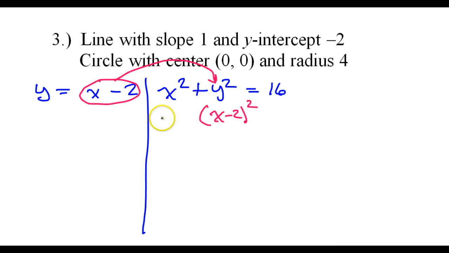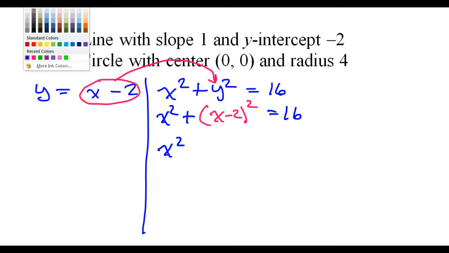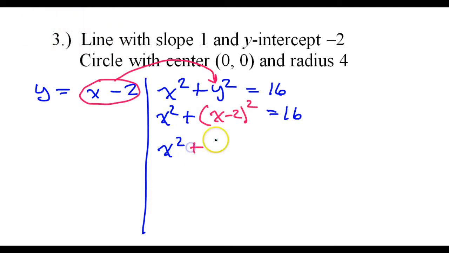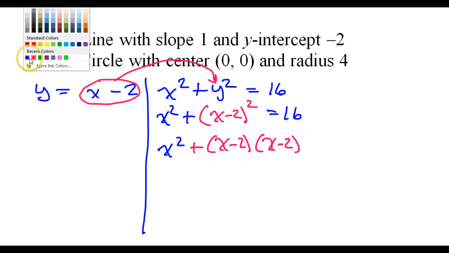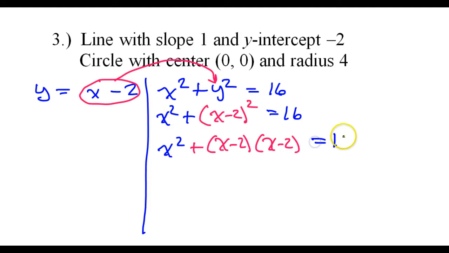Now I'm going to bring the rest of this down, so it's going to be x squared plus this is equal to 16. But then I'm going to have to multiply this out. So it'll be x minus 2 times x minus 2, equal to 16.